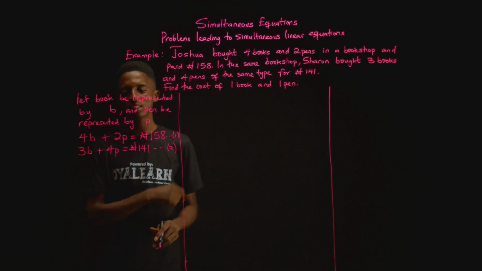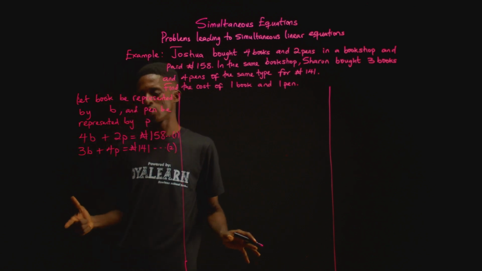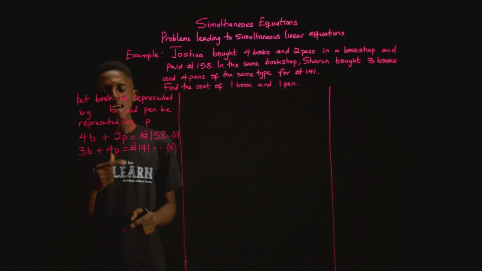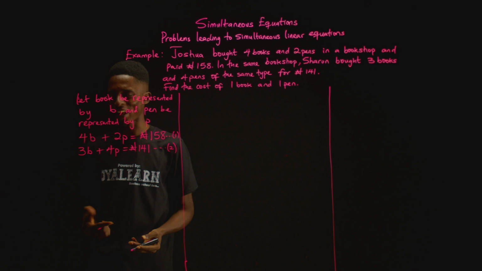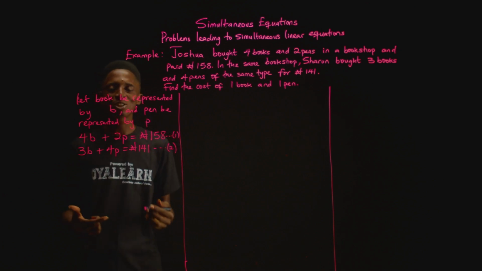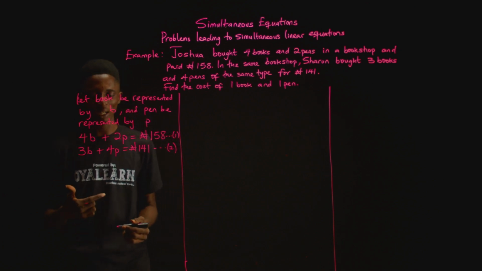So let us solve these equations simultaneously. As you can see here, none of the unknowns has a coefficient of 1. So what I will do is to use the elimination method.